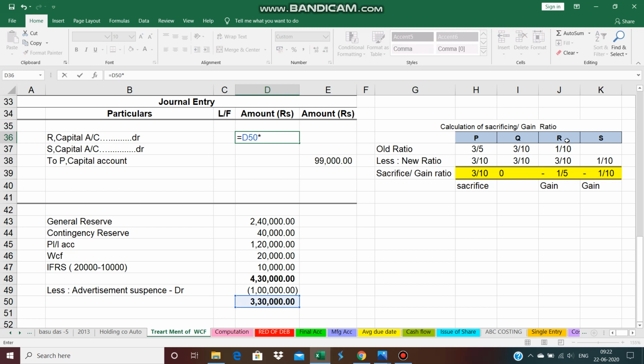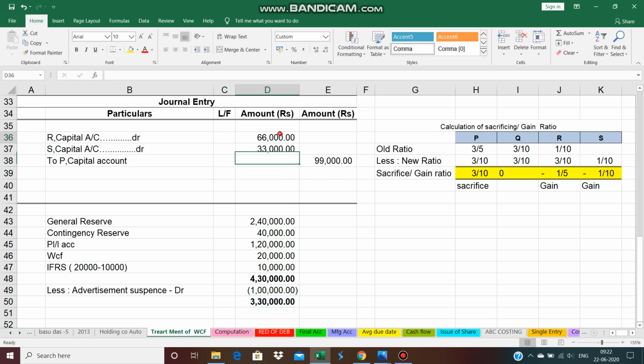So R's gaining portion is 1/5, it should not be minus actually. 66, and then again this portion into this. See, our answer also matches. Altogether 66 and 33, 99,000, and P's capital also the same way.